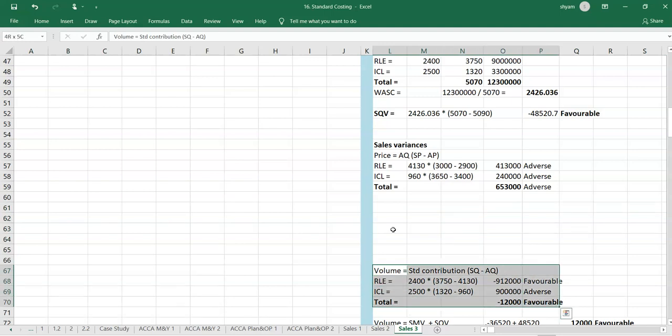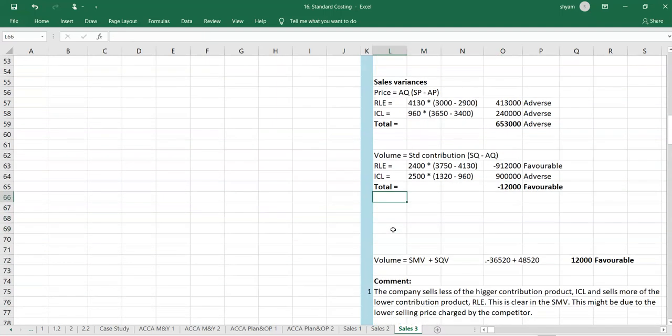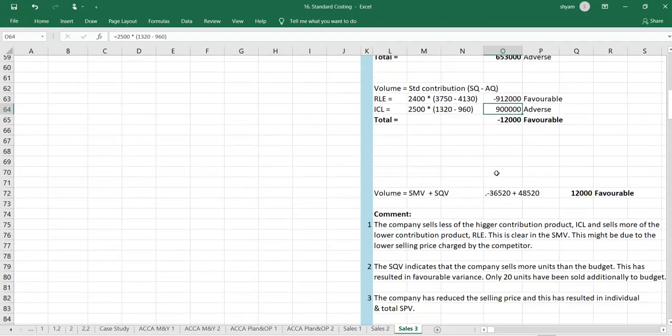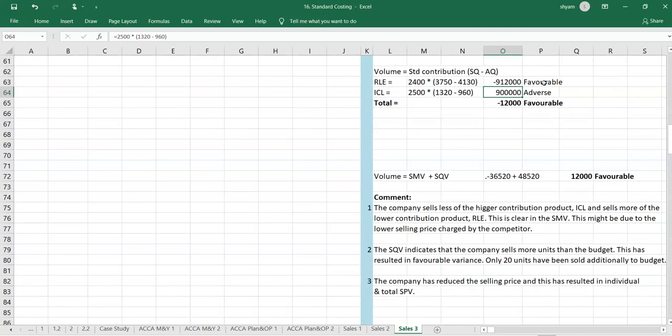Let's look at the contribution variance. Volume variance itself, you'll see once more. In terms of volume, again it indicates the same thing. They have sold more RLE, and they have sold less of ICL. That's the same idea we got above also.